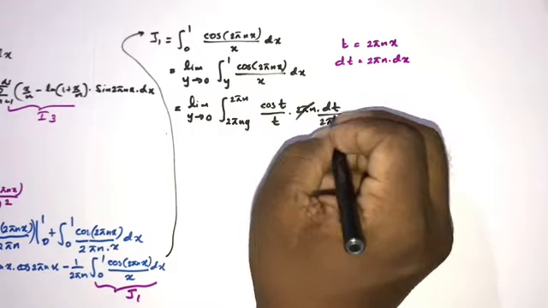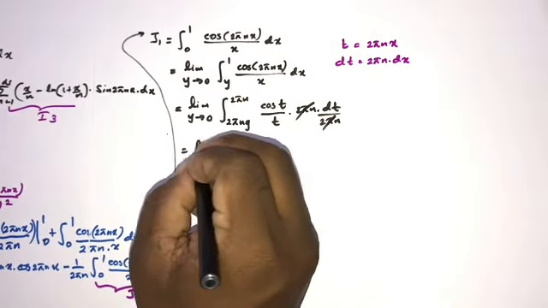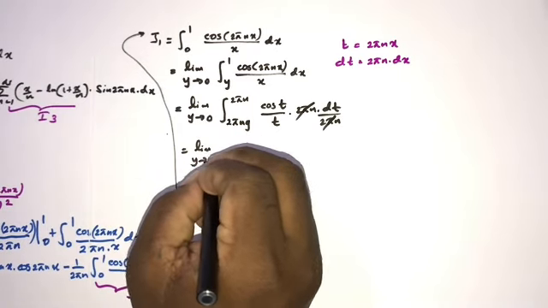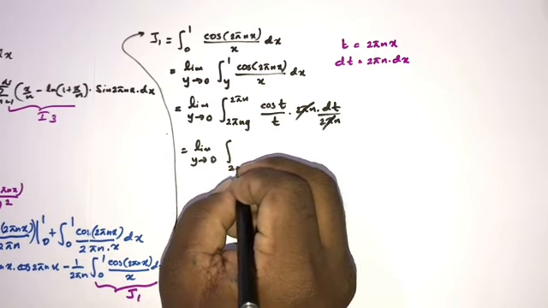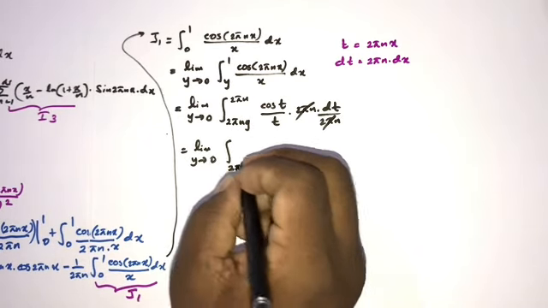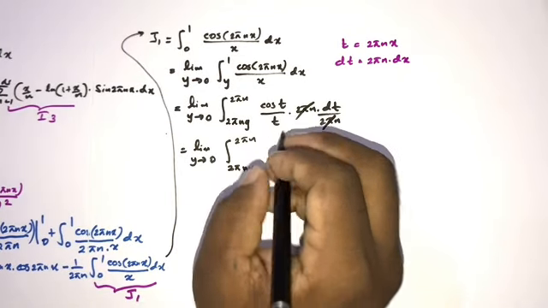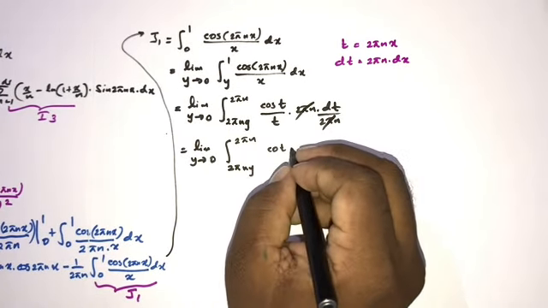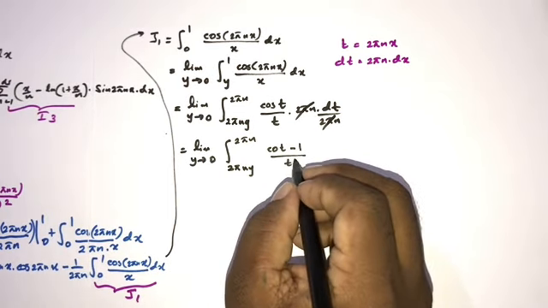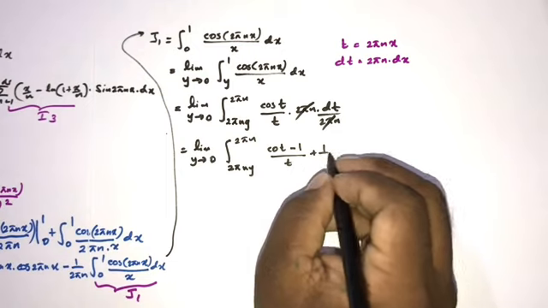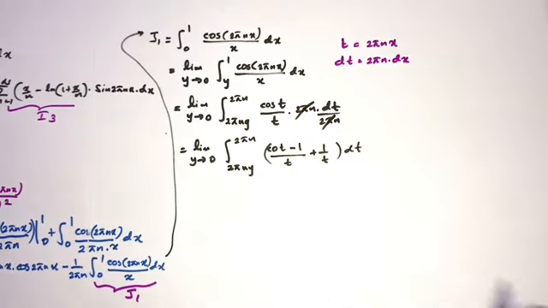We know this 2 pi n gets cancelled. Then the limit as y approaches 0 of the integral from 2 pi ny to 2 pi n of cosine of t over t. I am going to write cosine of t minus 1 over t. Now we have an additional minus 1 over t, so here plus 1 over t dt.